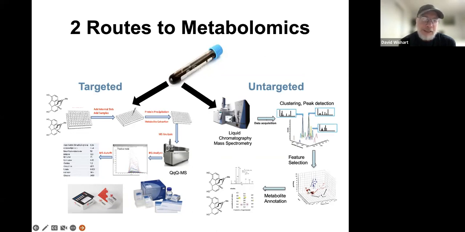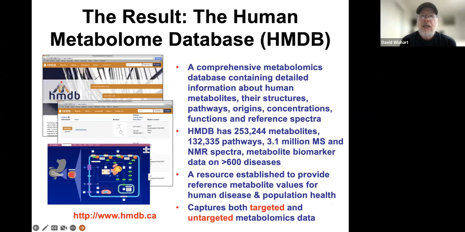Targeted metabolomics allows you, in many cases these days, to identify and quantify more compounds than untargeted methods. And some of the newer methods give you up to 1,000 different compounds. My own preference is for targeted, and some of the results I'll be presenting will largely focus on the targeted techniques for metabolomics.